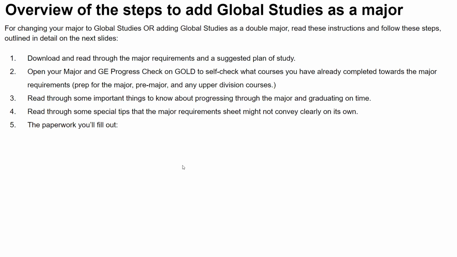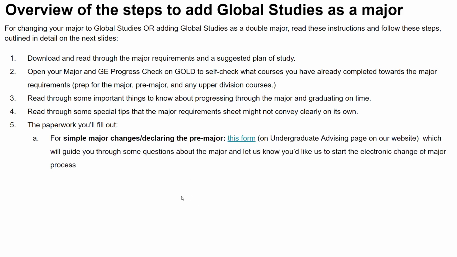This is the actual steps you'll take to indicate that you're ready to change your major. For simple major changes, where you're just declaring the pre-major, switching from one major to pre-global studies, there's a linked Google form on our undergraduate advising page on our website, in the section entitled Joining the Major. It will guide you through some questions about the major and let us know that you'd like us to start an electronic change of major process.